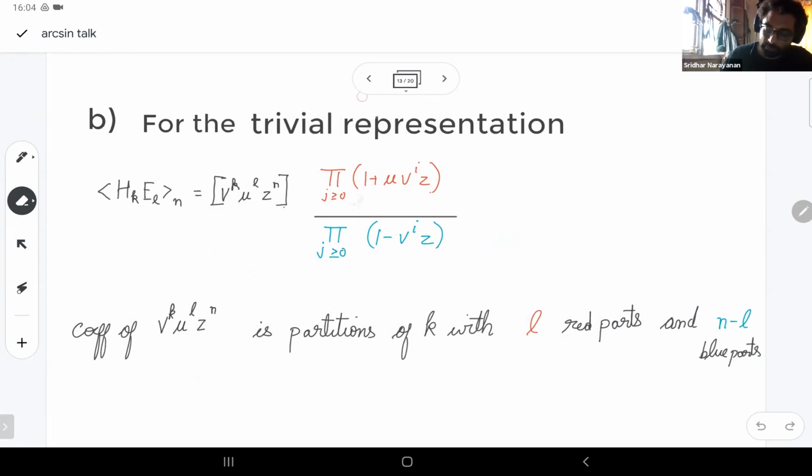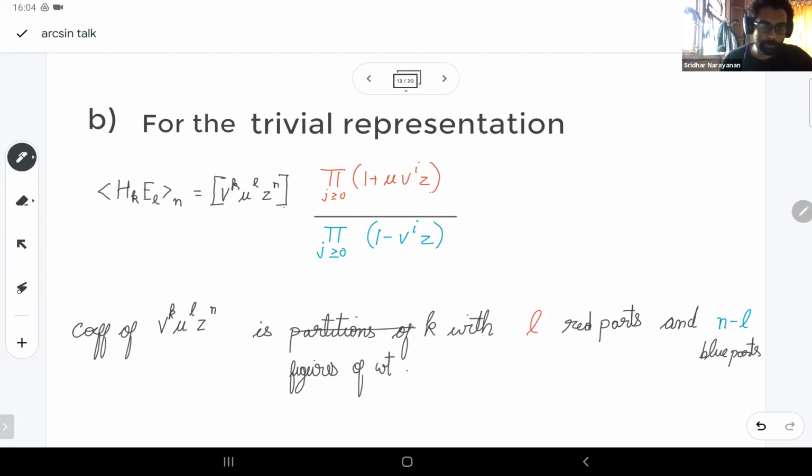So the case for the trivial representation is very similar. The only difference between the generating functions for trivial and sign is that for the trivial, the u terms come from the numerator. Earlier, the number of blue lines was L, but here the number of red lines is going to be equal to L. So the coefficient of v raised to k, u raised to L, z raised to n is, instead of partitions of k, figures of weight k with L red parts, because the exponent of u counts the number of red parts here, and n minus L blue parts.